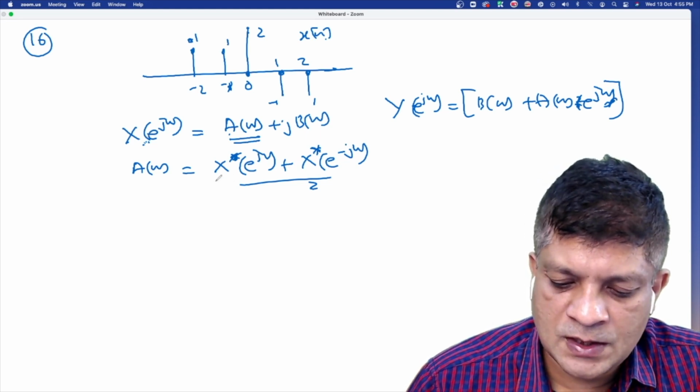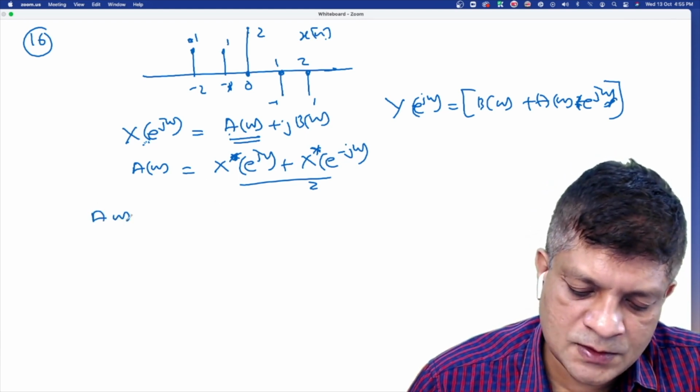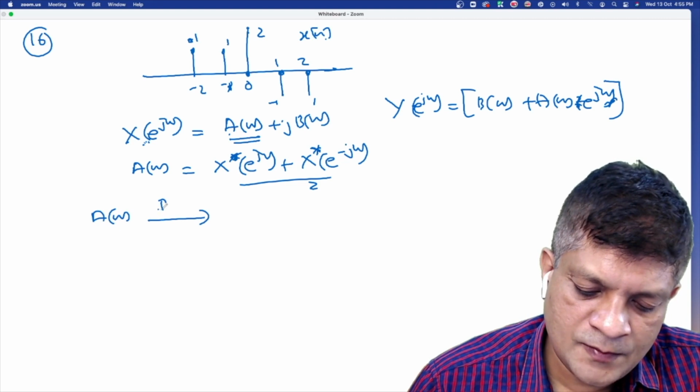What is the signal corresponding to this? What is the inverse discrete time Fourier transform of this?